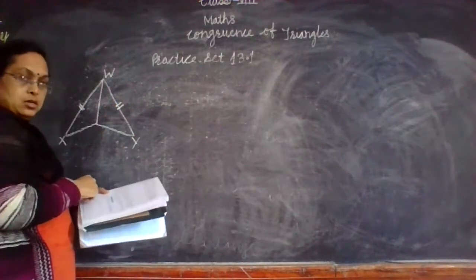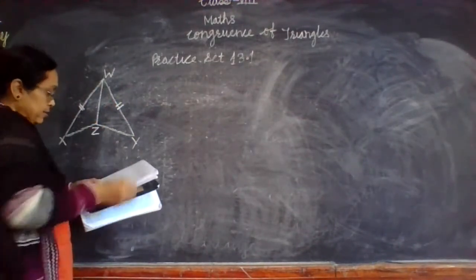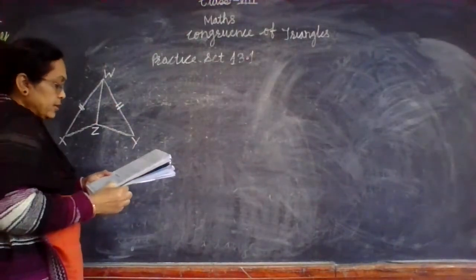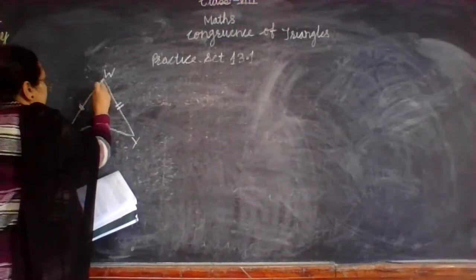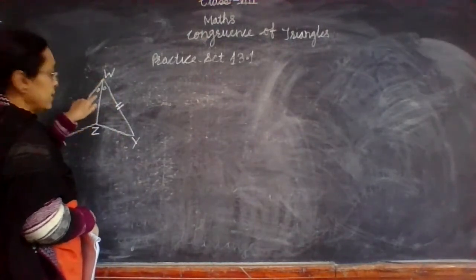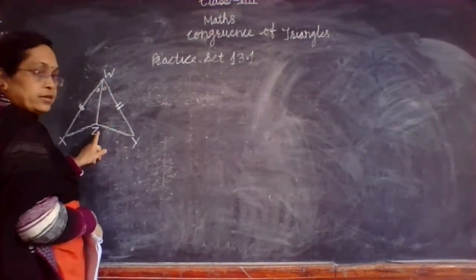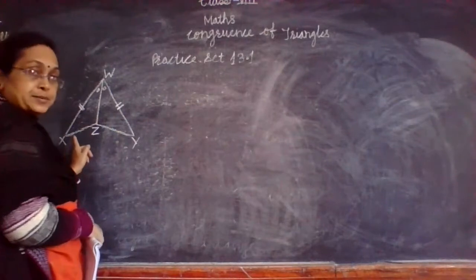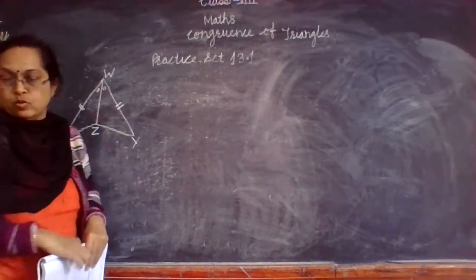So these are the congruent sides and here it is Z. Now state the test and angle; for the angle this mark is given. Identical mark means this angle XWZ is congruent to YWZ and this side XW is congruent to YW.